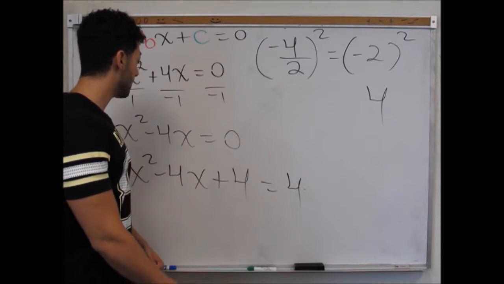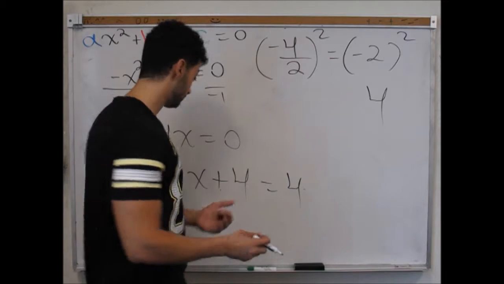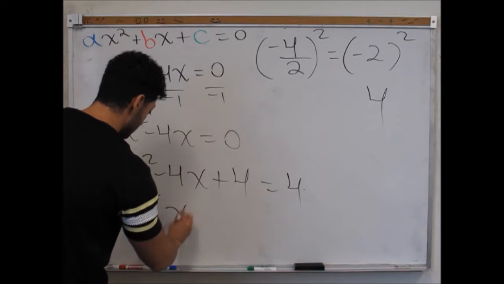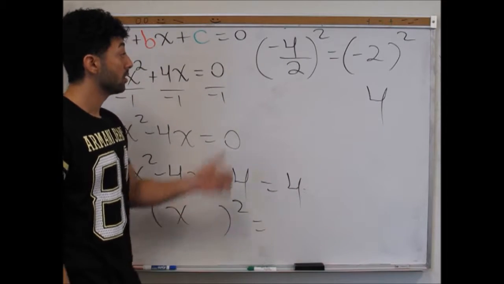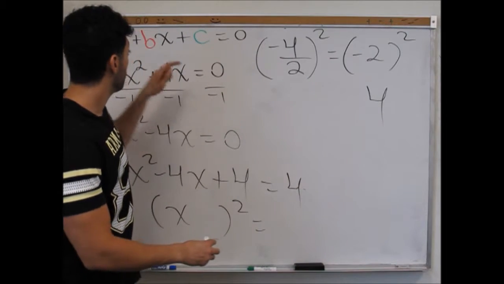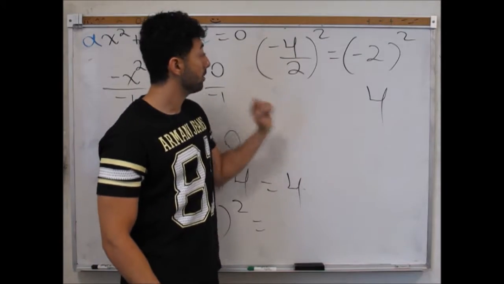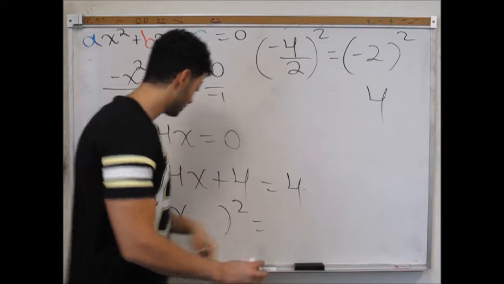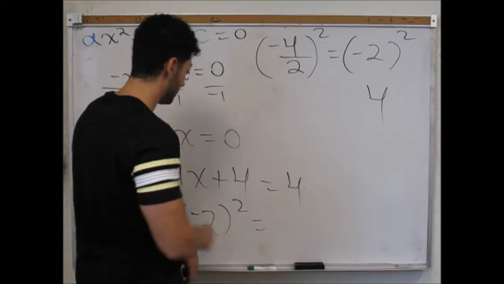Alrighty, now this is going to factor nicely. It's going to be x squared equals, what's going to go here is always what you get after you divide your b by 2. So after I divided my b by 2, I got -2. So that's what's going to go here, (x minus 2) squared, and then that's just the 4.